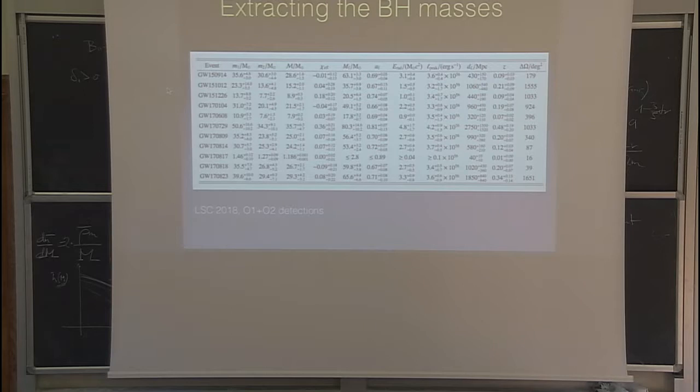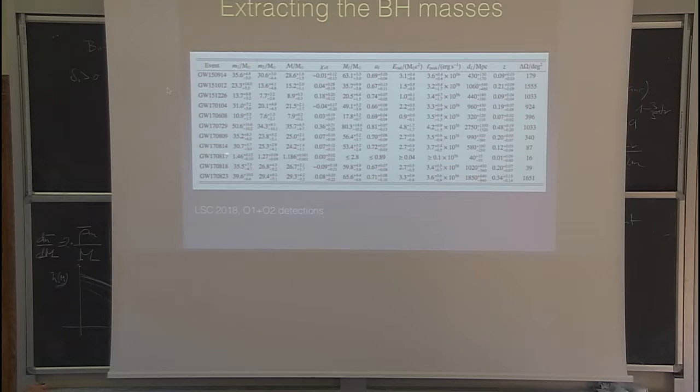So you did this exercise, I think, for the first detection. I'm not sure for which one, but we have by now 10 or 11 black hole observations with LIGO Virgo, with individual masses, M1 and M2, from 10 solar masses up to the latest, the heaviest black hole measured, at 50 solar masses.